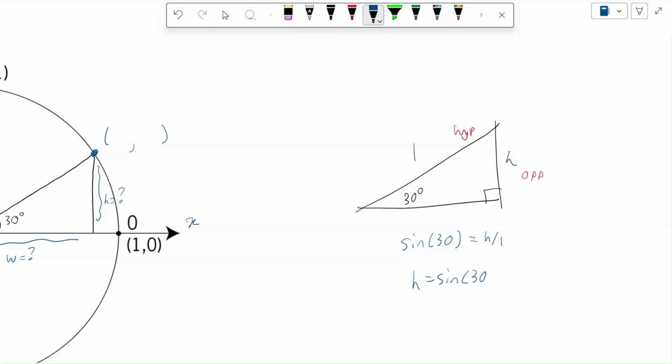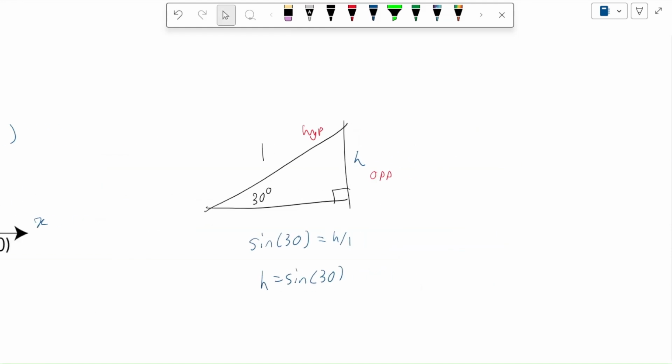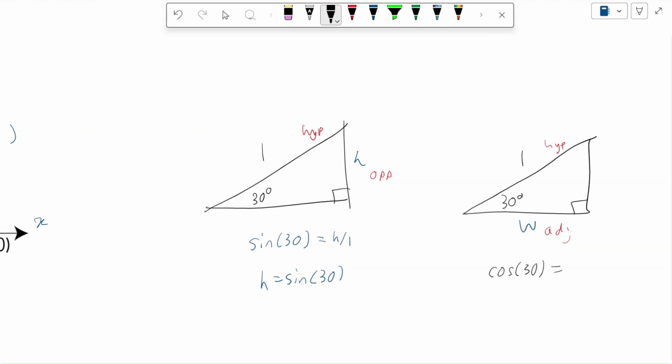Now we can also calculate the width of this triangle. There's the width, there's 30 degrees, and the radius is still 1. So let's label it. We've got adjacent and hypotenuse. So cos of 30 is w over 1. Or in other words, w is just cos of 30.